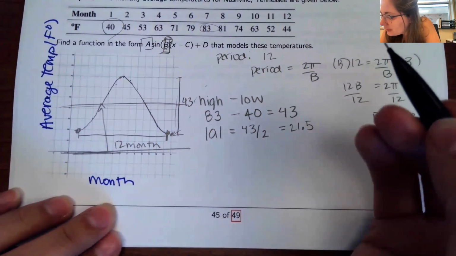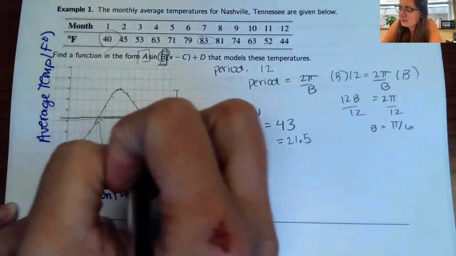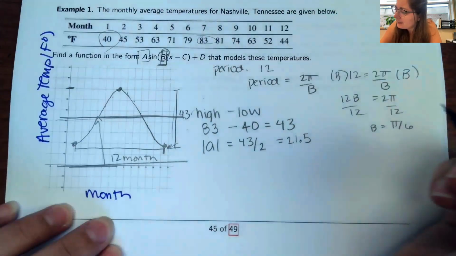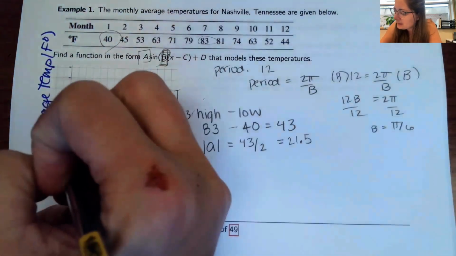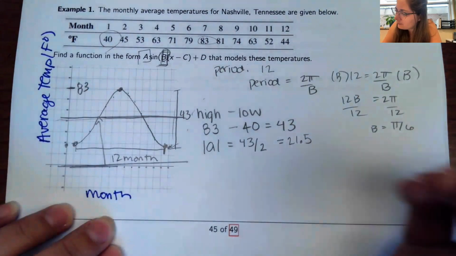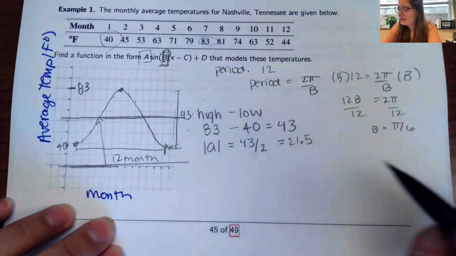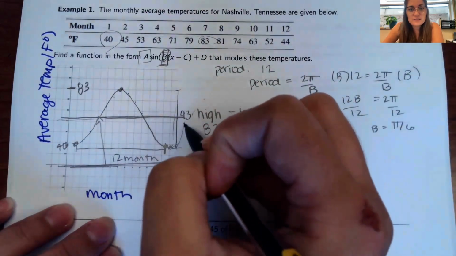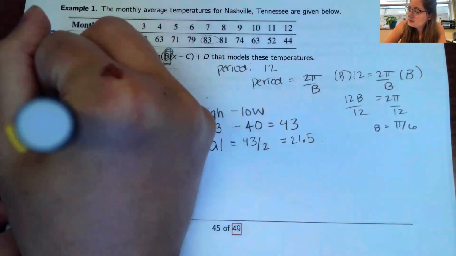First off, my high happens up here at 83, and my low happens down here at 40, so this midline is going to be 40 plus 21.5. This is my 21.5 distance. So it's going to be 61.5.